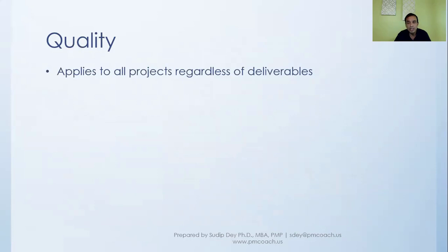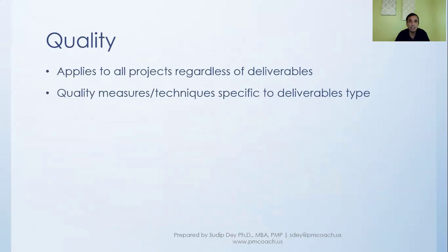It doesn't matter if it is a software project or a construction project, quality matters. Even if you are building a nuclear plant, yes, it matters. So whatever the deliverable, quality does matter, and we should look at the quality aspect.